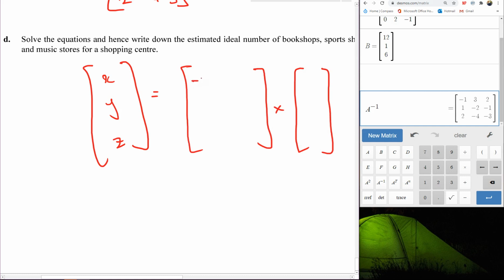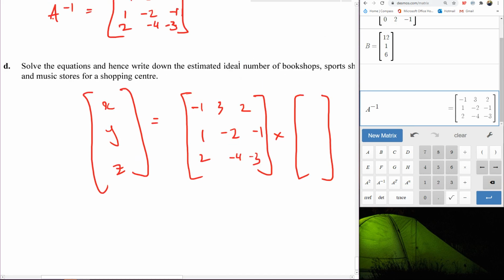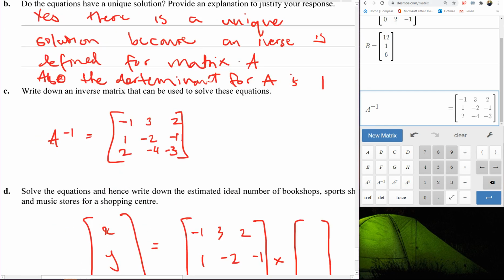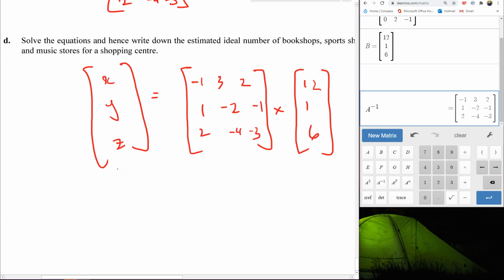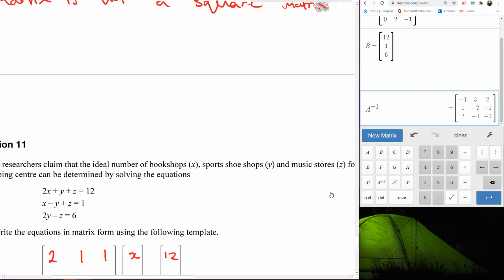So A inverse is -1, 3, 2, 1, -2, -1, 2, -4, -3, multiplied by my answer matrix, which was 12, 1, 6. Multiplying that should now give me the amount for each shop. Excuse the handwriting, I'm rushing this to finish it for you guys.